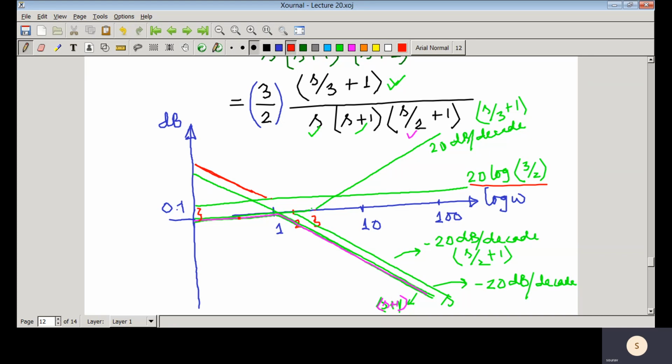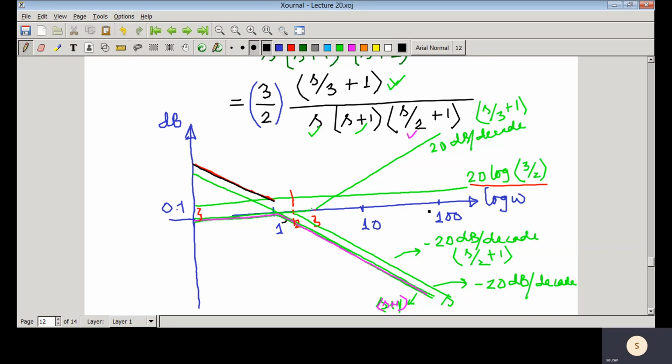So then we can see that here, if we just use that black, it comes here. Then here you have two slopes, that is -20 and -20, so -40 dB.